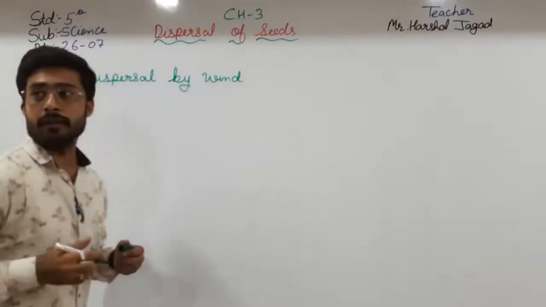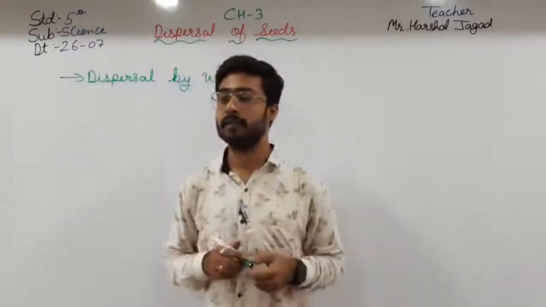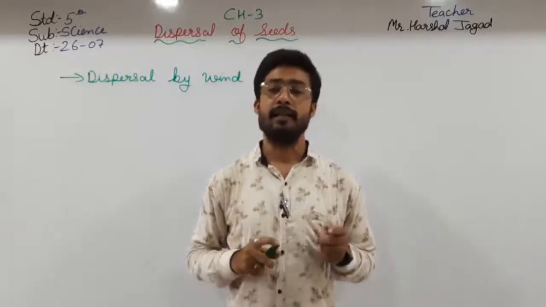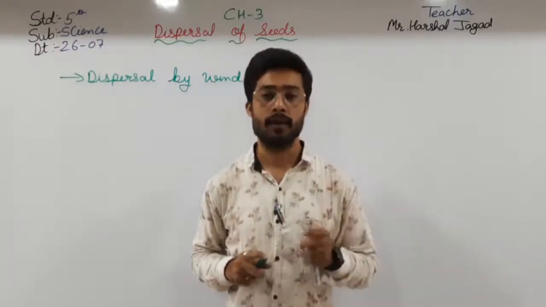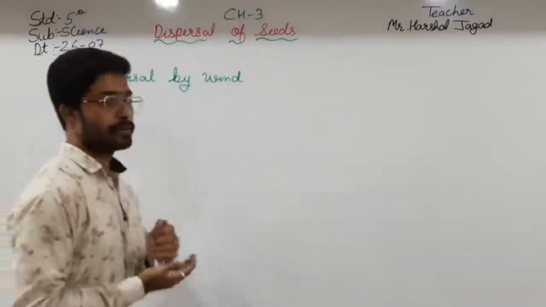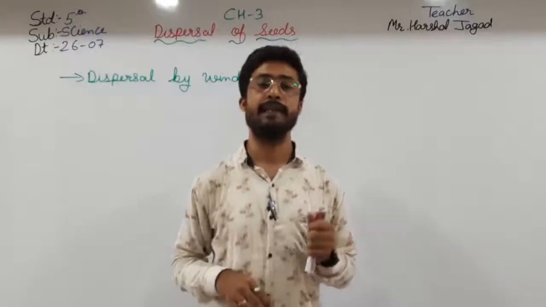The first one is dispersal by wind, and the second one is dispersal by water. But first let us see dispersal by wind. How are the seeds dispersed by the wind?